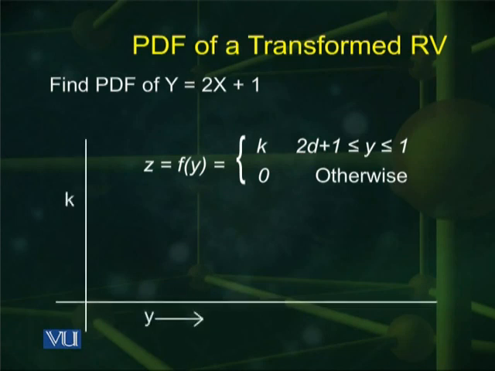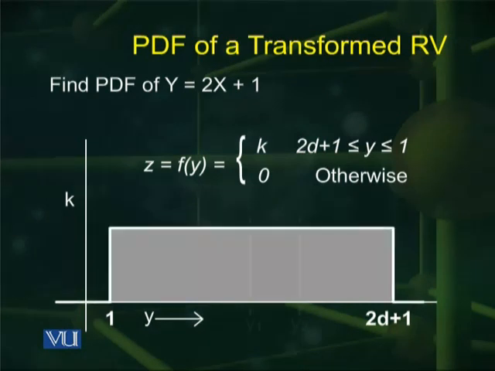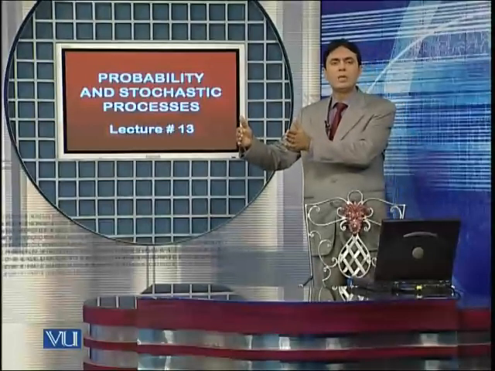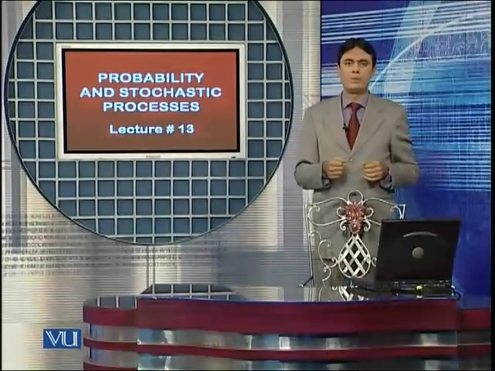Point x1 gets mapped to a new point, y1 equal to 2x1 plus 1, and point x2 gets mapped to point y2, where y2 is 2x2 plus 1. The distance between the 2 points here was x2 minus x1, and here the distance is twice that: 2 times x2 minus x1. So all those outcomes between x1 and x2 get mapped to outcomes between y1 and y2.